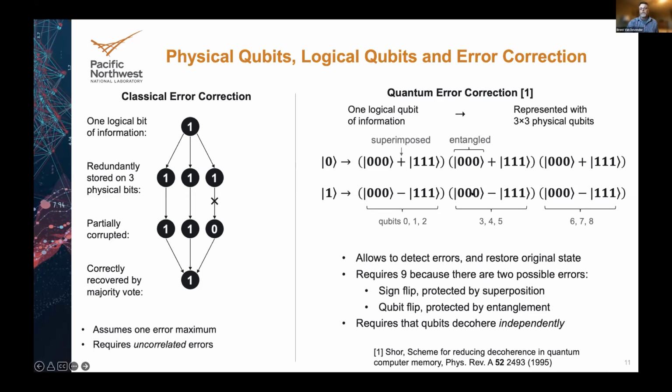So if you look at the 3, 4, and 5 qubits, it's true for all the other groups too. When I make this measurement, what this notation means is if I measure those qubits, they're either all in the 0 state, or I'll find them all in the 1 state. So very roughly speaking, sign flips are protected by having the superpositions. The bit flips are protected by the entanglement.